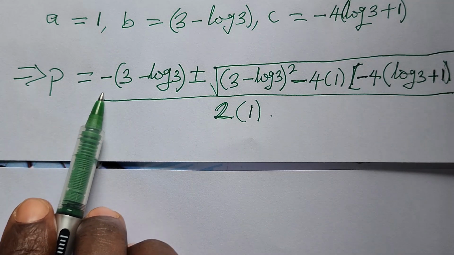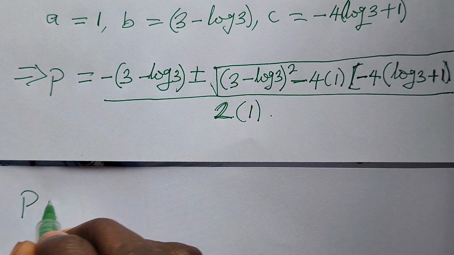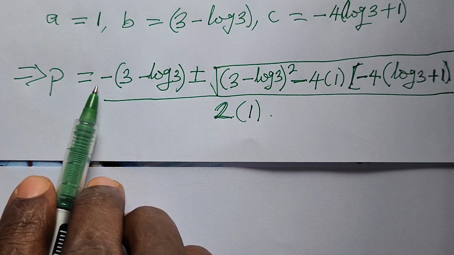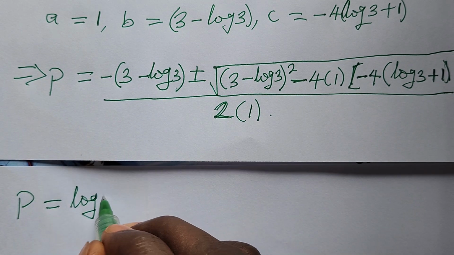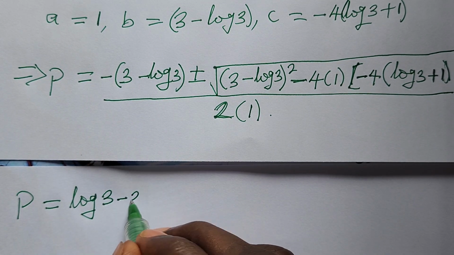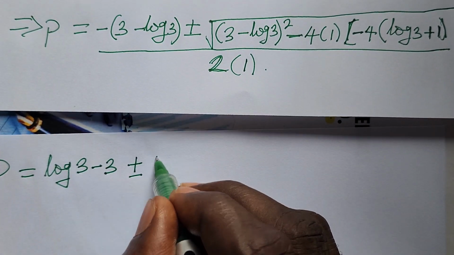So from here, we can open this up. Our p will now be equal to, this will give us minus and this positive, so we're going to have log 3 minus 3, plus or minus the square root.